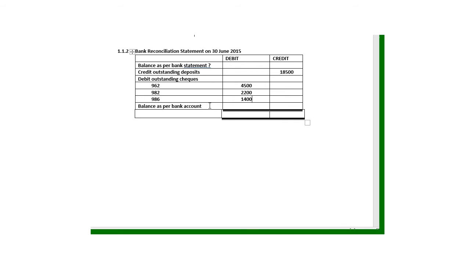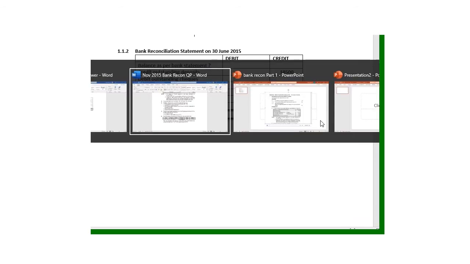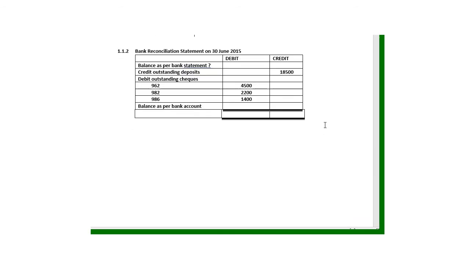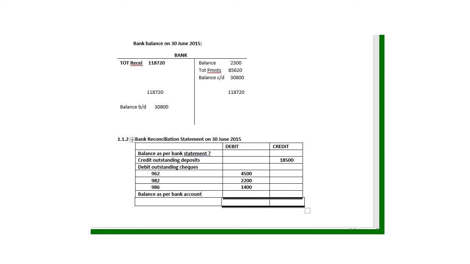There were no errors, so next thing we're looking for is balance per our bank account. Now we did that calculation in 1.1.1. So whatever I got in 1.1.1 and on the side that it ended, I will put it in next to balance per bank account.